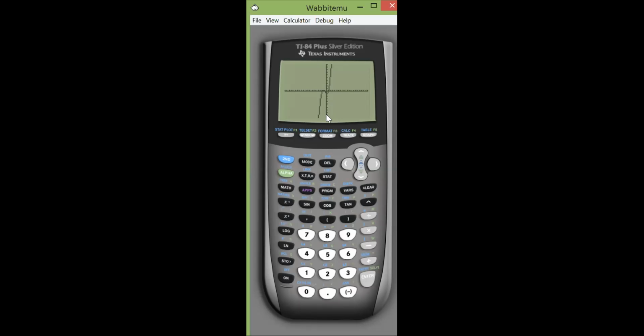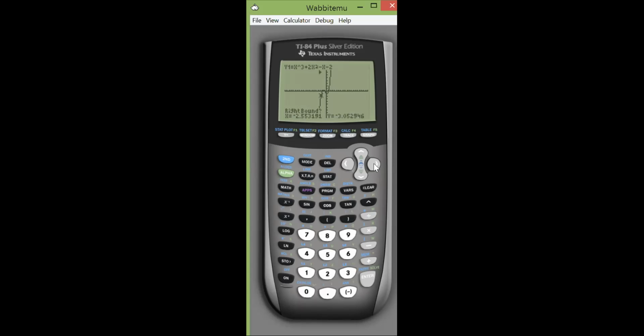Okay, so what I wanted to show you was how to find the local max, local min. So you can press second, trace, so second that button right there, and then trace. And then you have this option of min and max. I'll identify the local max first. So option number 4. And you're going to be prompted left bound, right bound. So left bound just means you have to go left of the local max. You press enter.